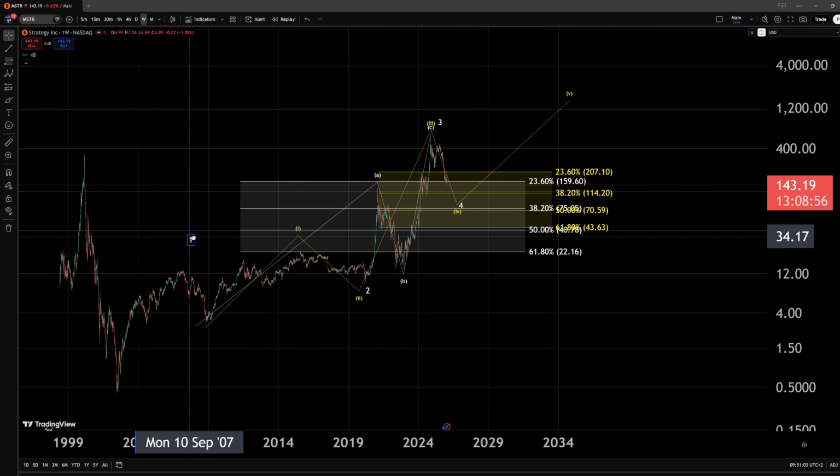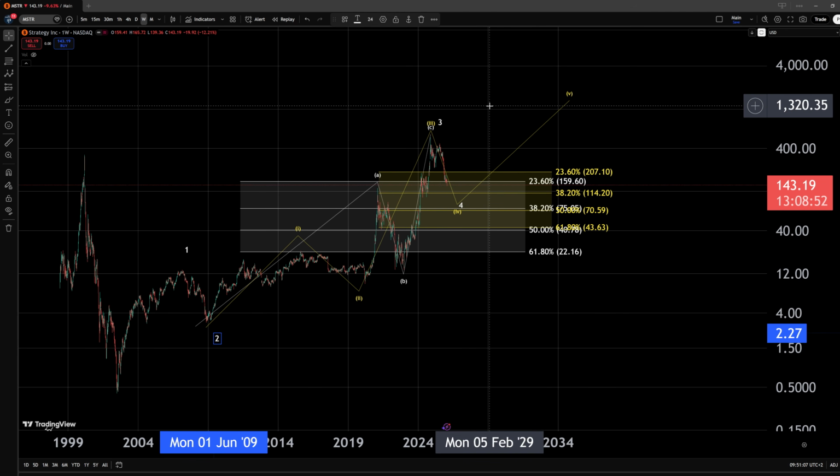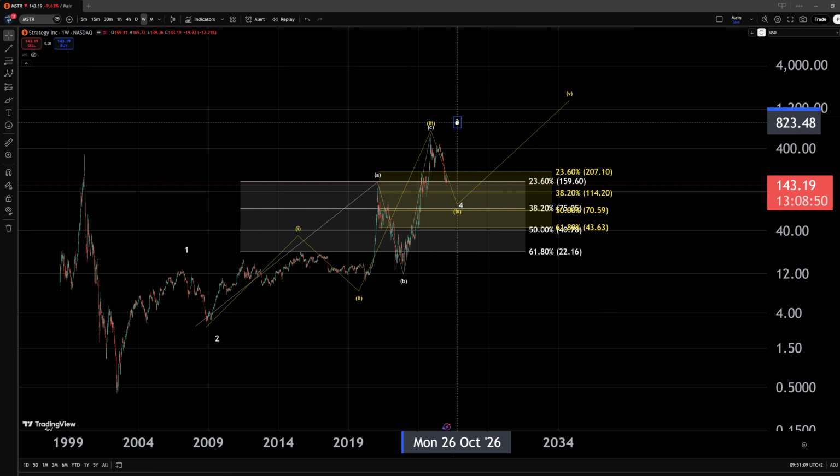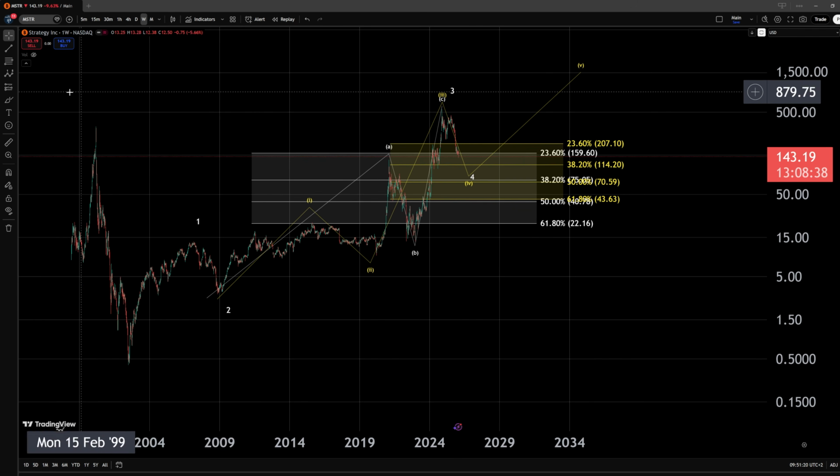Then I wouldn't necessarily still consider this to be the most likely scenario. I would probably be looking for a more significant third wave top to already be in place, but we are leaving that open-ended. Now, what else could work out on this chart?